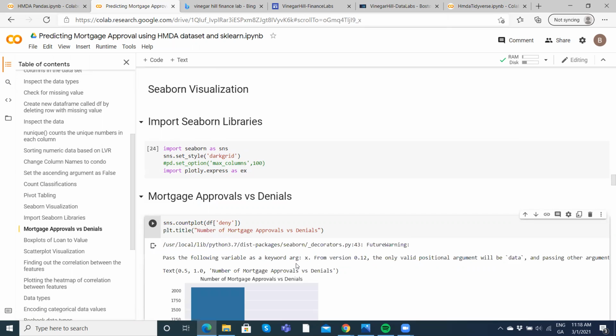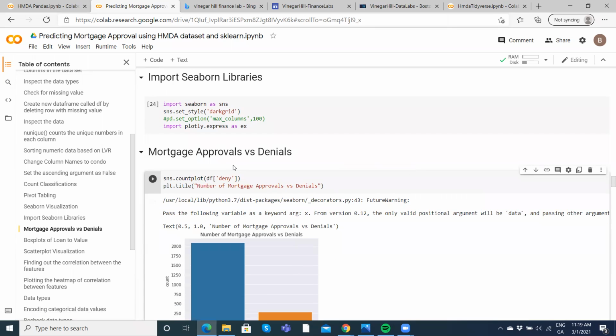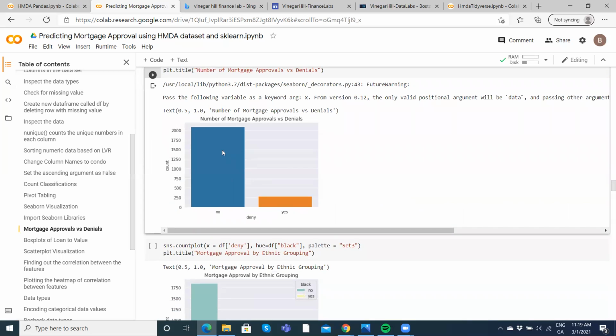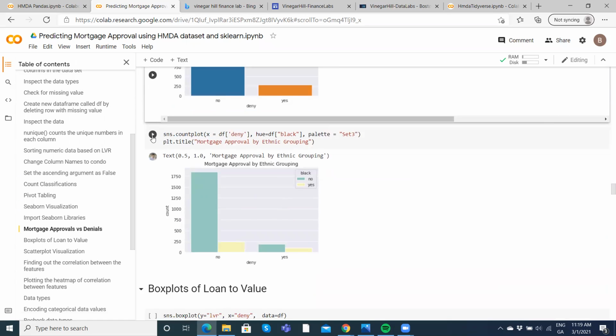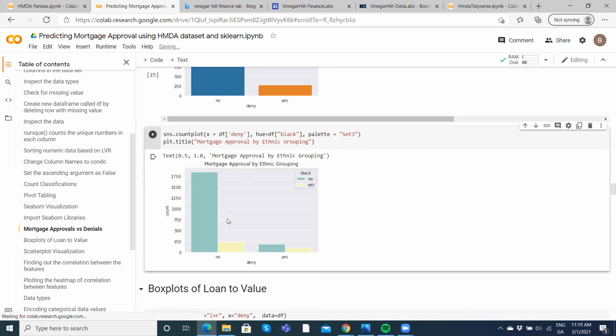Okay, so we do some Seaborn visualizations here, and we do a count plot. We see that the vast majority of people are approved for mortgages, and just a small sliver are denied. When we run some visualizations to compare the breakdown between the different ethnic groups, we can see proportionately that if you're African American, you're going to be denied mortgage much more often.